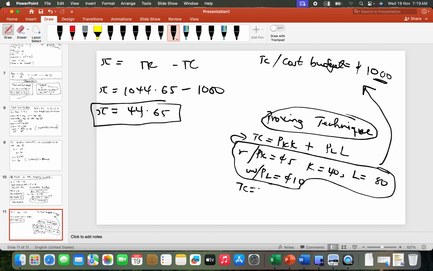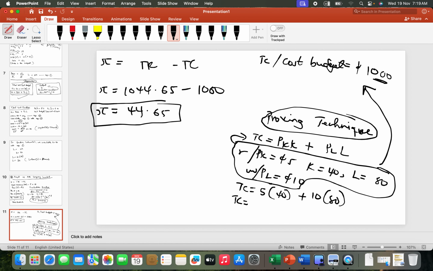Once you're able to get 1,000, it means you are correct. But once you don't get 1,000, it means what you've done is totally wrong. So PK is 5, K we solved was 40, plus PL is 10, L we solved was 80.